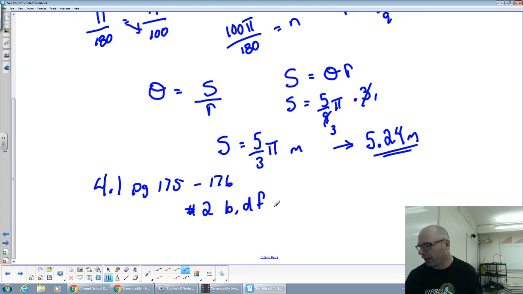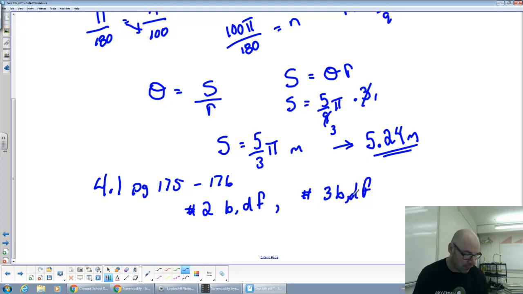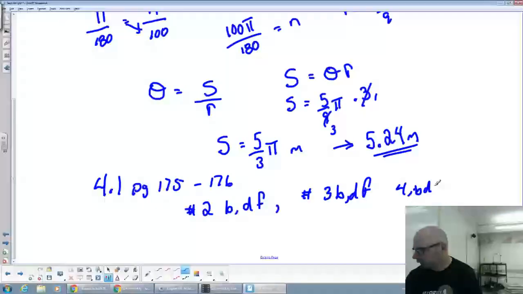Approximate measures mean no pi, exact values mean pi. So you can do number 3, B, D, and F again, second column. That's converting back and forth. Same thing with 4 and 5, B, D, and F.